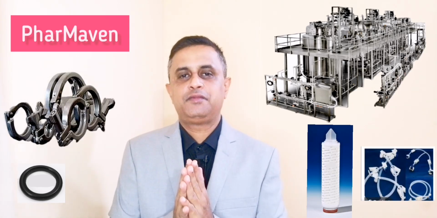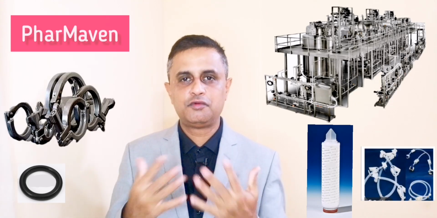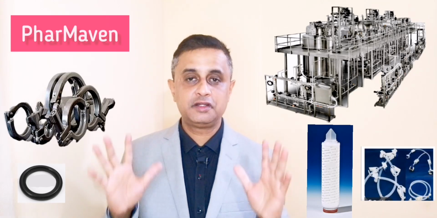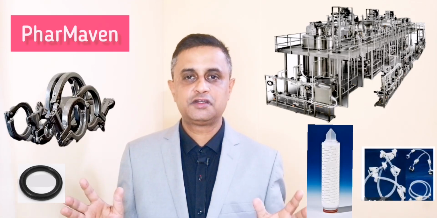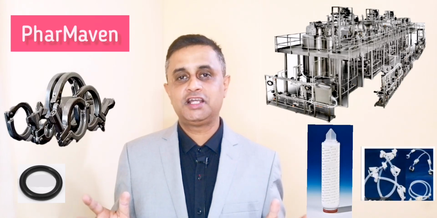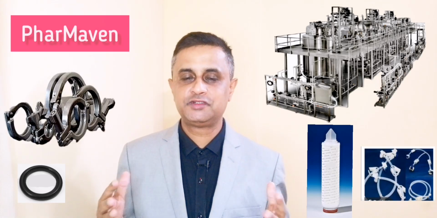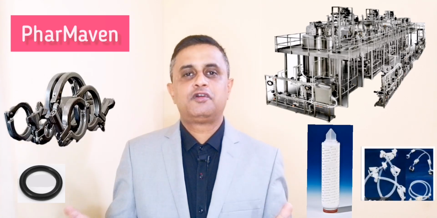Ensure that each and every part of your system is getting the required temperature. Once it is done, then only you go for the media fill. This is one way of avoiding media fill failure in a complex system where we have multiple vessels and sterilization in place technology, which is called SIP.